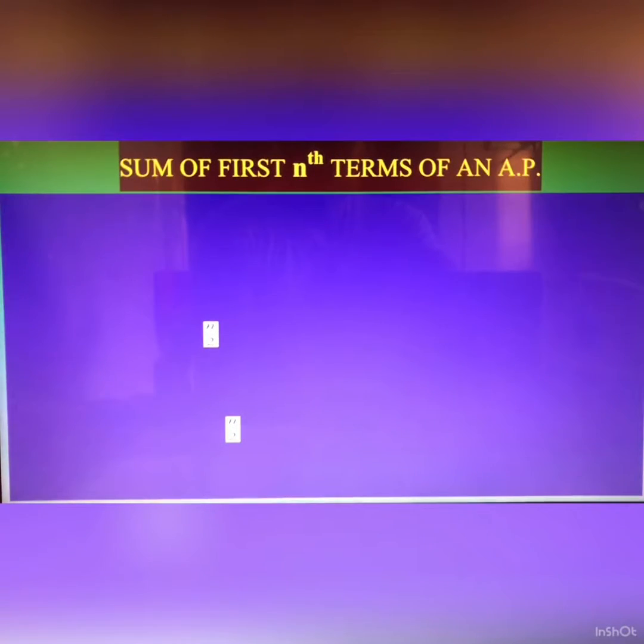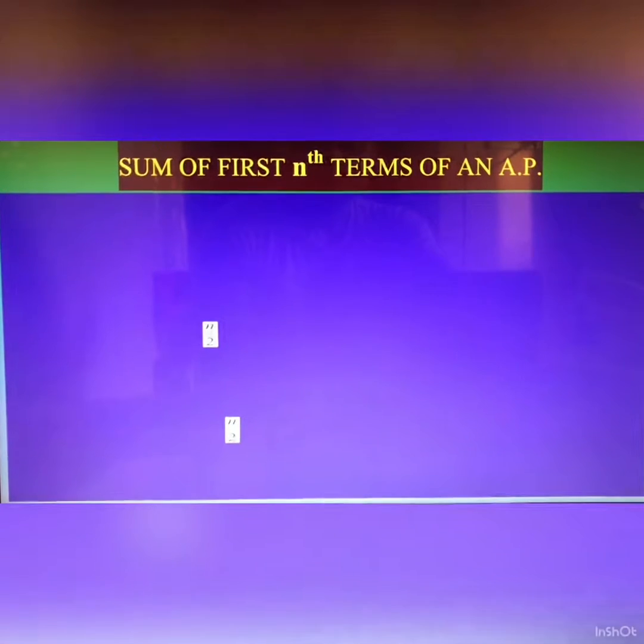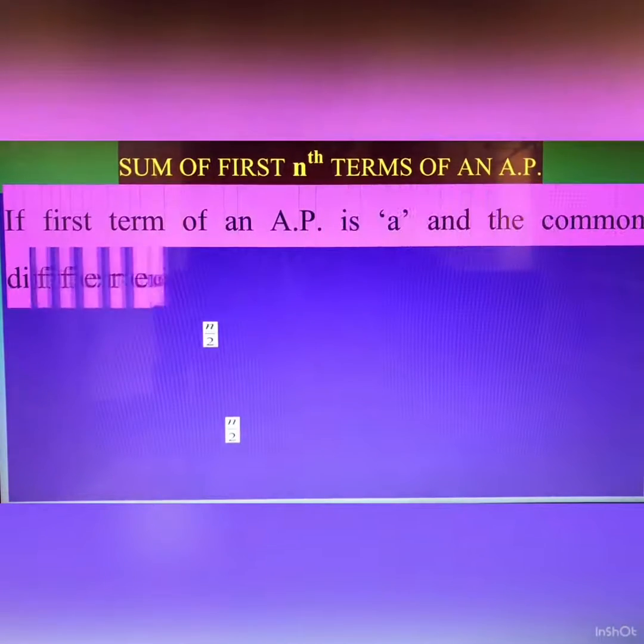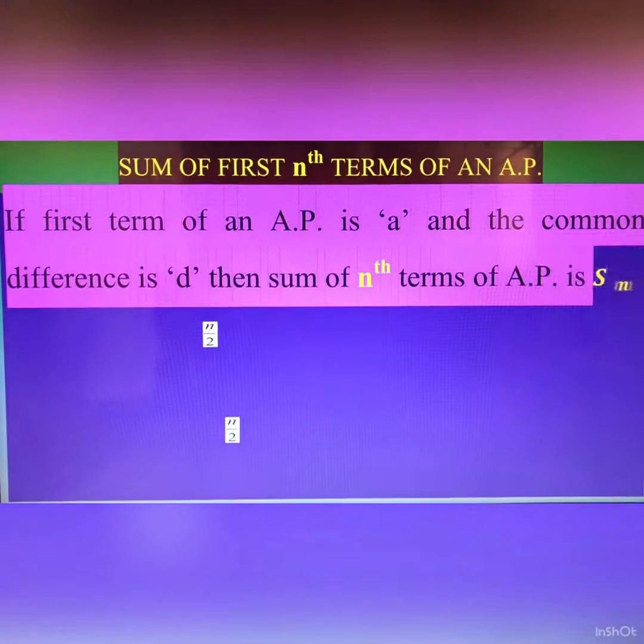Now the sum of n terms of an AP. If n terms are given, then what is the sum of an arithmetic progression? If the first term of an AP is a and the common difference is d, then the sum of n terms of the AP is given by Sn.